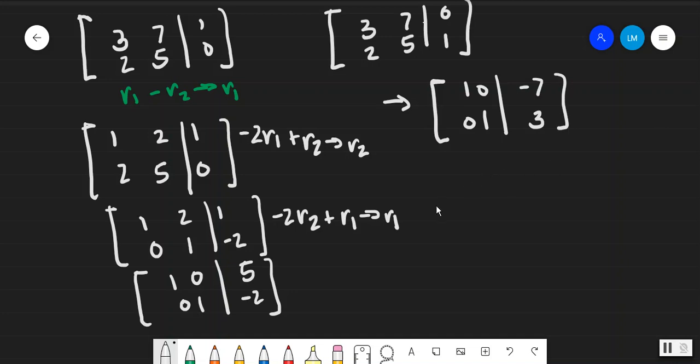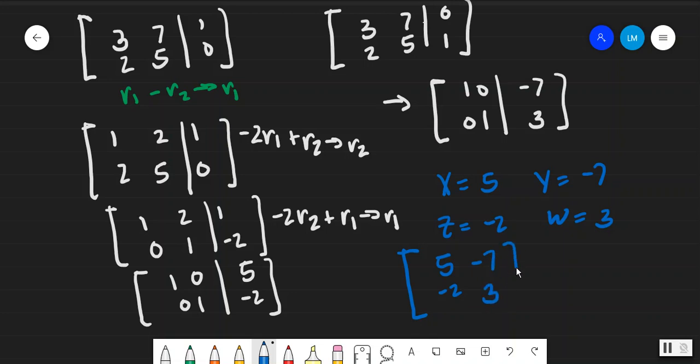So that tells you that we have the answers: x equals 5, y equals -7, z equals -2, and w equals 3. So the matrix that we're looking for is 5, -2, -7, and 3.